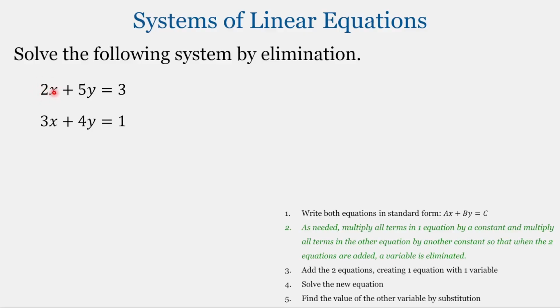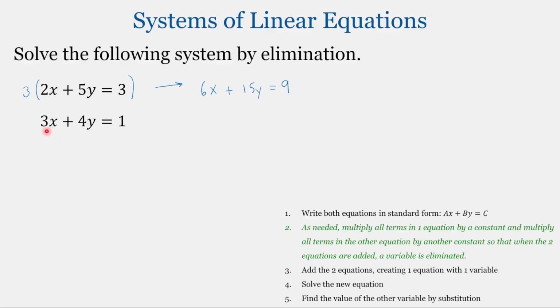But you can't just multiply one term in the equation by a number. You have to multiply the entire equation by that number. So we're going to multiply the first equation by 3. Now this gives us 6x plus 15y equal to 9.